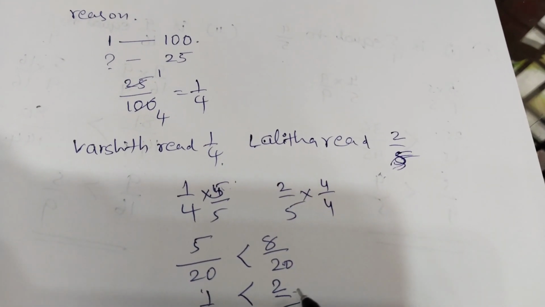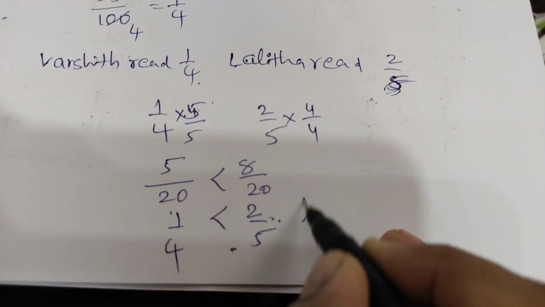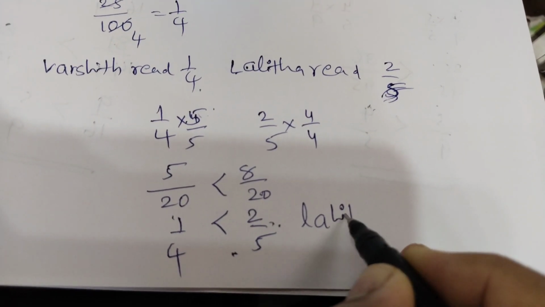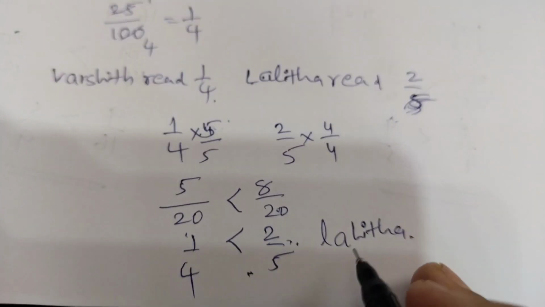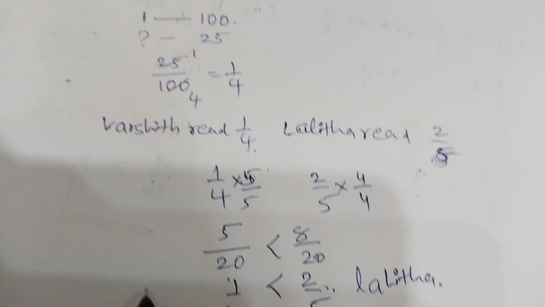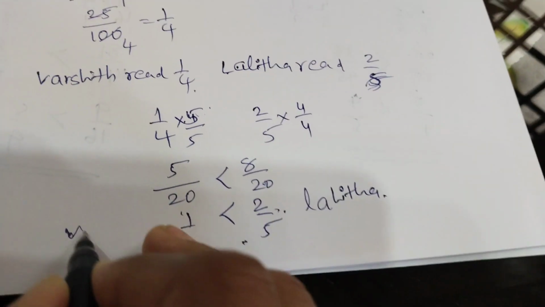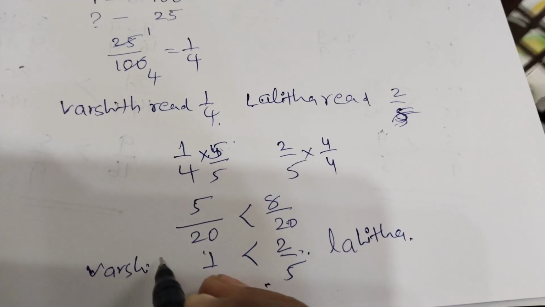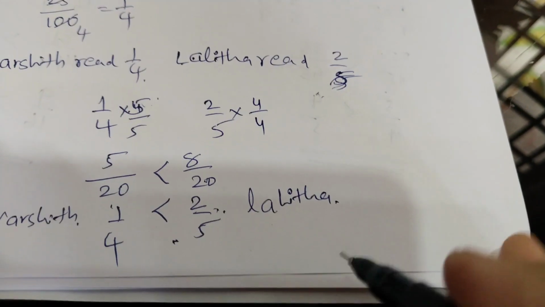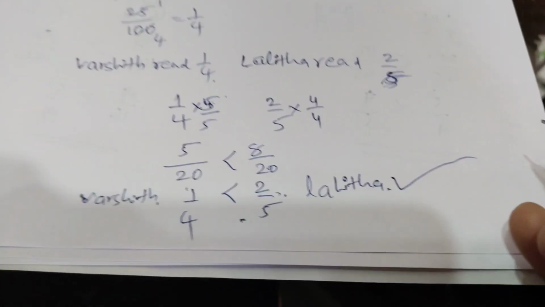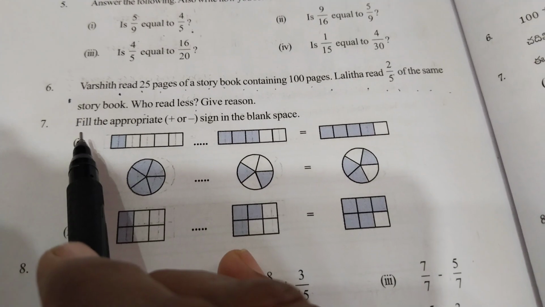So who read more pages? 2 by 5th part was read by Lalita, and 1 by 4 part was read by Varshit. Okay, who read more pages? Lalita read more pages.